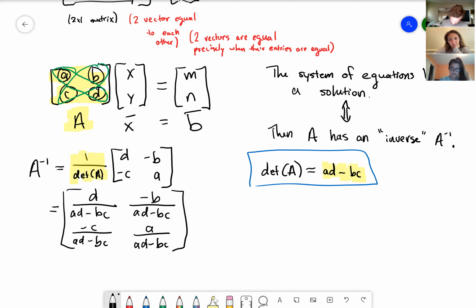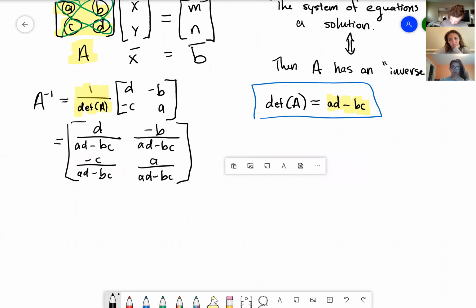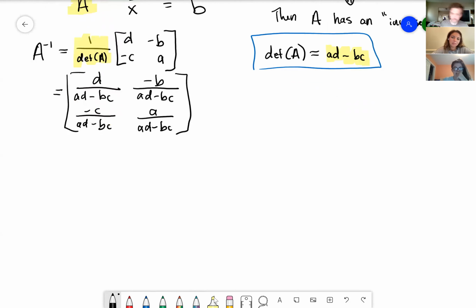So this is what we have for the inverse of the matrix. Anyway, we can agree that it's easier to write it this way than the other way. So we'll stick with that. Okay, so why is this called an inverse?